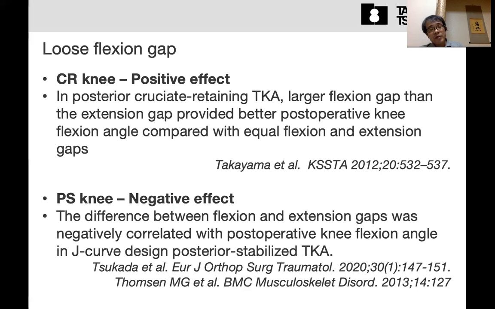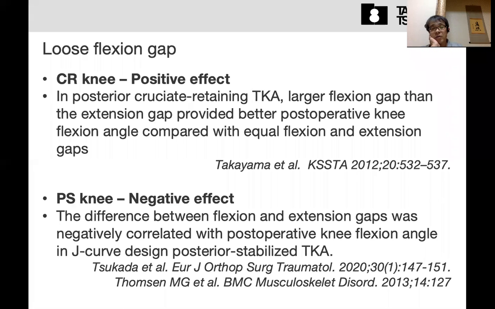Regarding the PS knee, it is still controversial. Most reports show that in the PS knee, a loose flexion gap acts as a negative effect on getting deeper flexion. The difference between the flexion and extension gap was negatively correlated with postoperative knee flexion angle in a J-shape design, that means the single radius design, the posterior stabilized TKA.